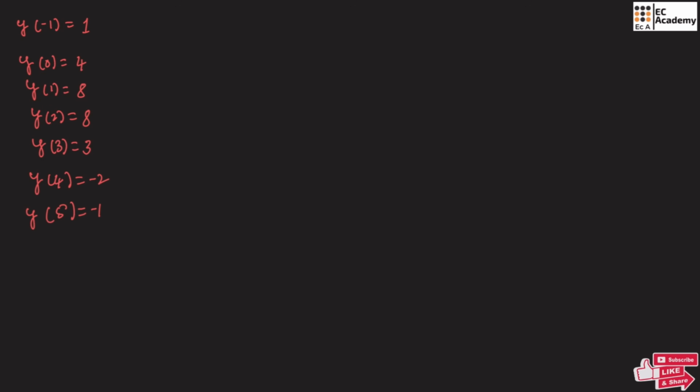Let us plot this by writing the output sequence. So we can write y of n is equal to 1, 4, 8, 8, 3, minus 2, minus 1. So here at n is equal to 0, we are having value as 4, which is at the origin.